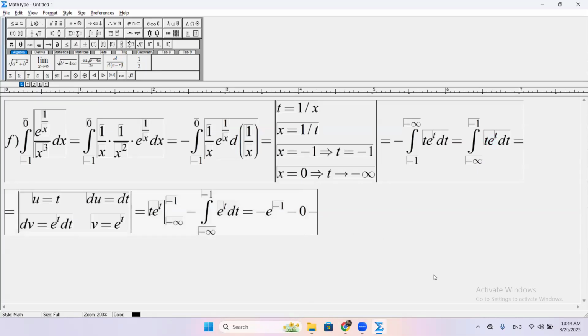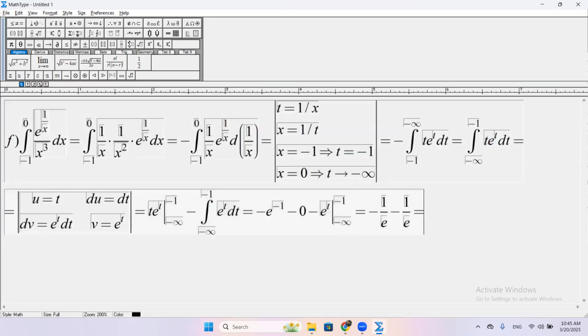Then minus e to the power of t from minus infinity to minus 1. So this equals minus 1 over e, and here minus 1 over e as well, because if I substitute minus infinity here, I will receive 0 as well.